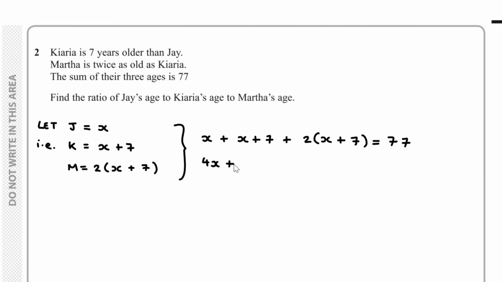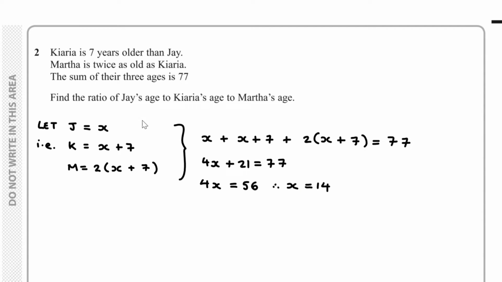So we've got 4x plus 21 equals 77, and if we subtract 21 from both sides, 4x is equal to 77 take away 21, which is 56, and therefore x is equal to 56 divided by 4, which is 14.